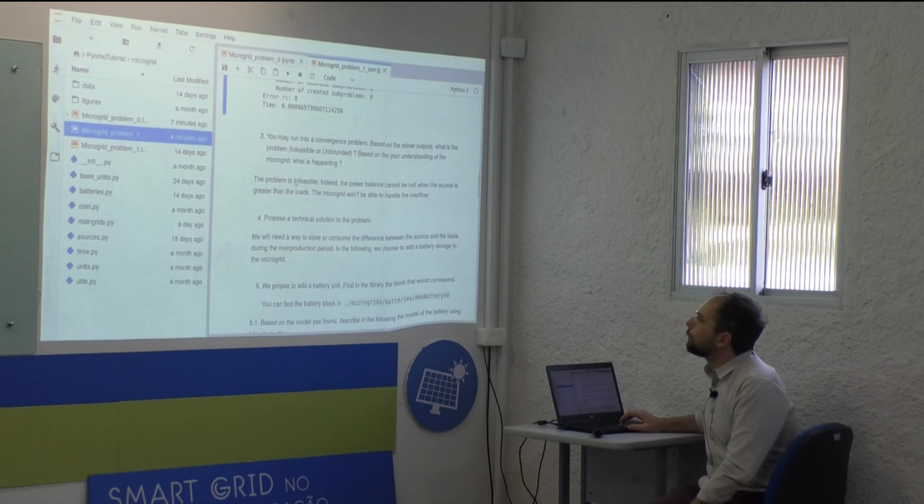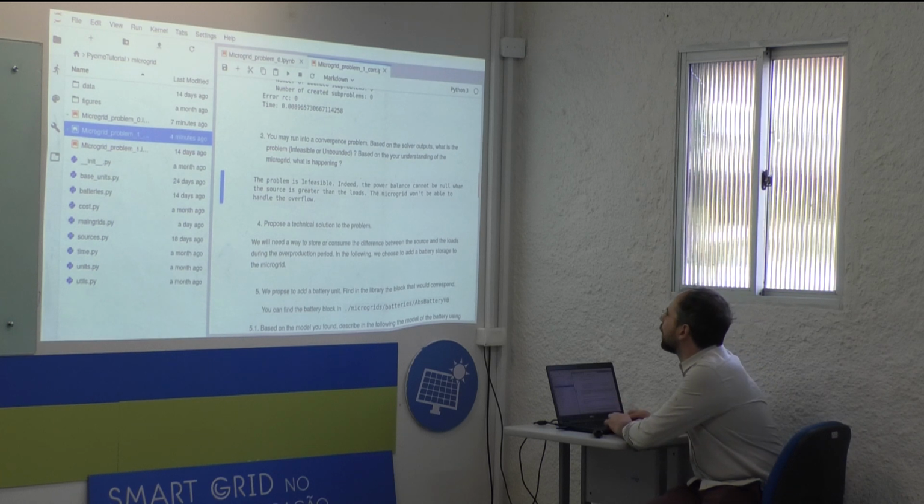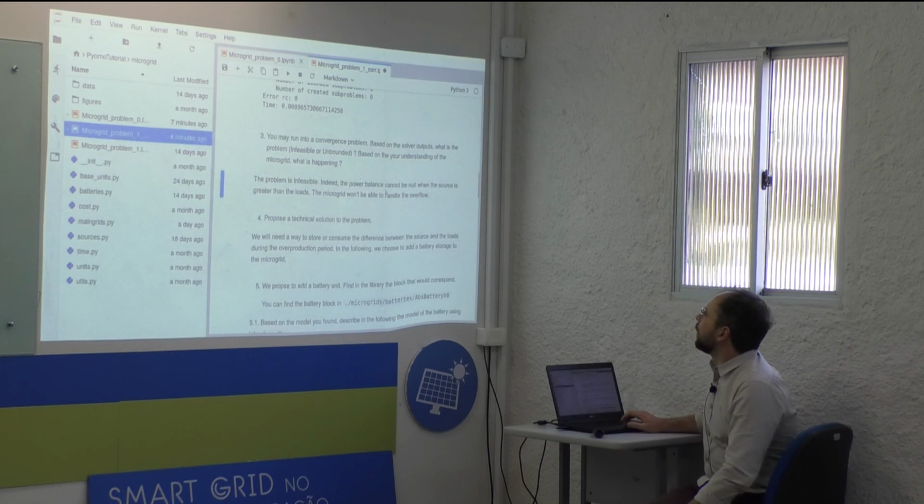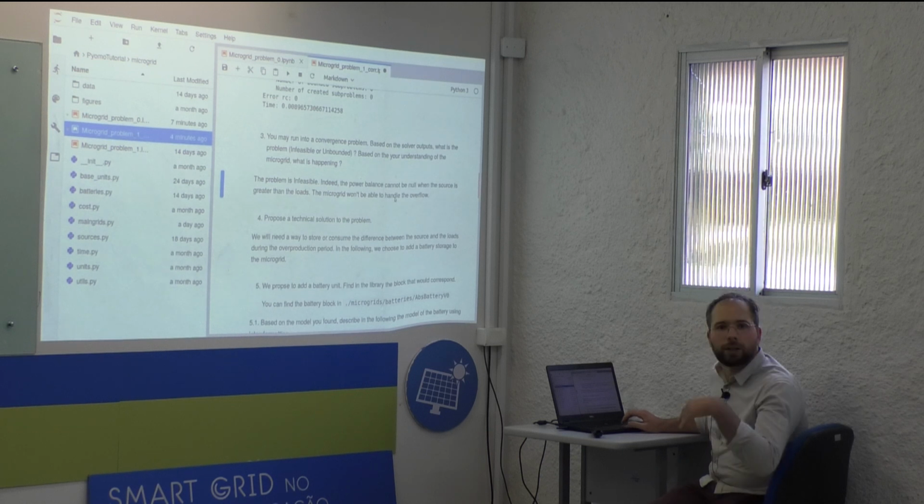The problem is infeasible. Indeed, the power balance cannot be negative when the source is greater than the loads. The microgrid won't be able to handle the overflow.